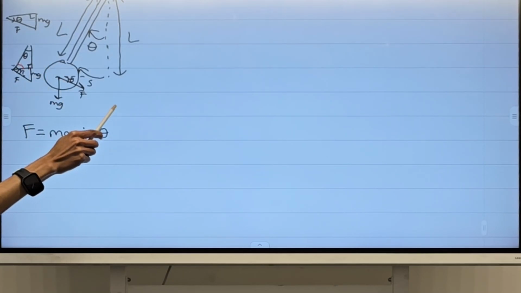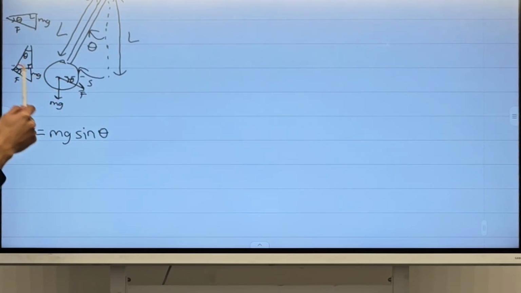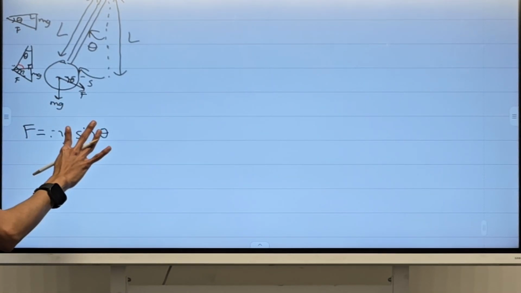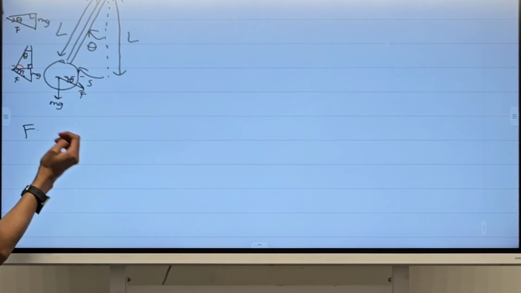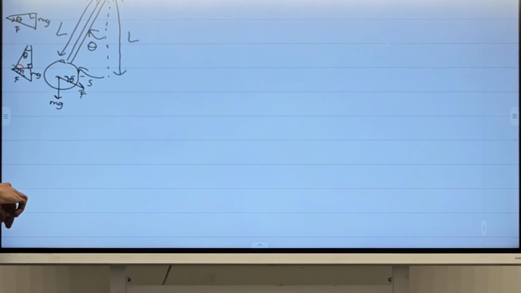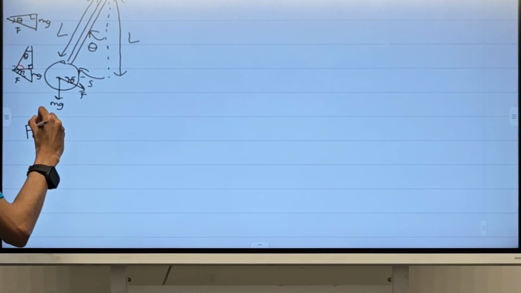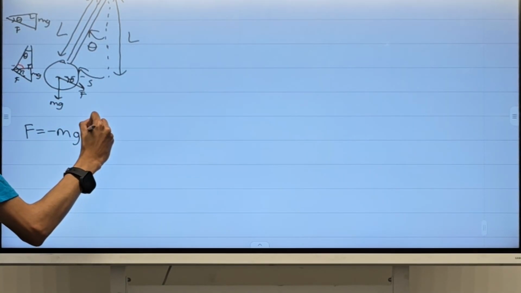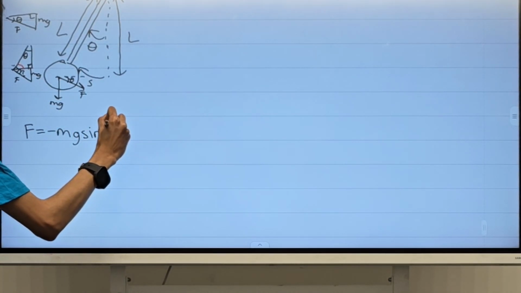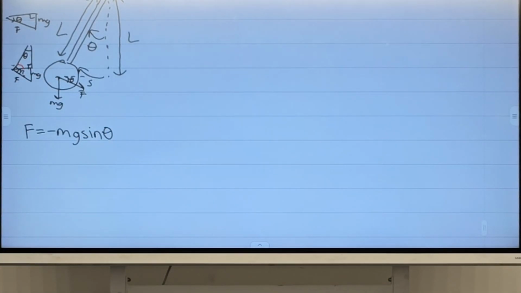Force is going towards the origin, aka the force is acting against theta. Basically, the force is going in the opposite direction of displacement. So we can rewrite this as F is equal to negative mg sine theta. If that makes sense.